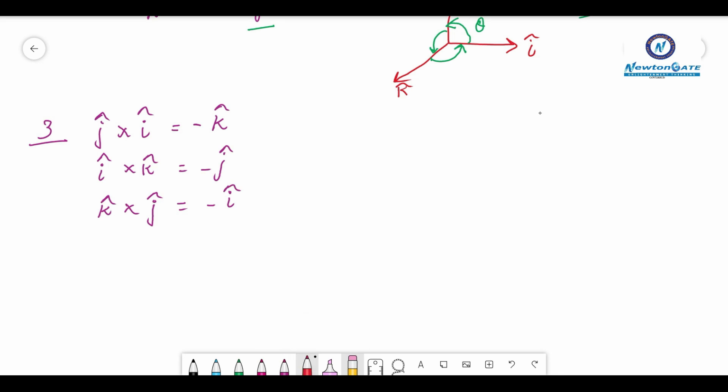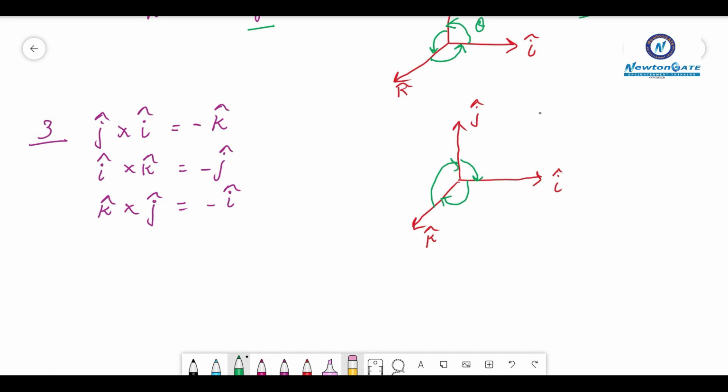If I again write it in the coordinate form, this is x, this is y, and this is z, so i cap, j cap and k cap. And what is my direction? j to i, i to k and k to j.